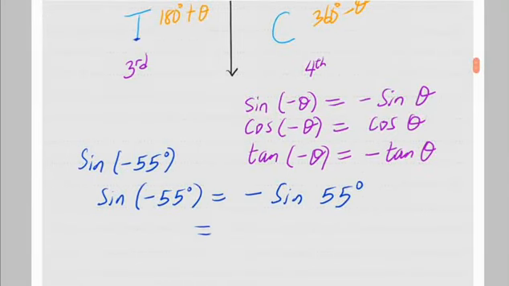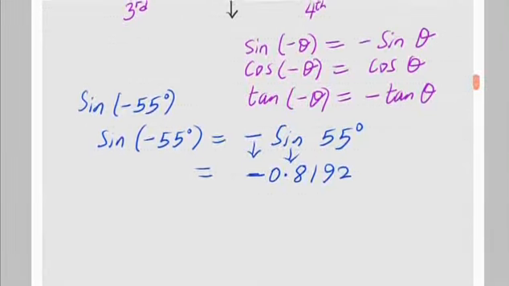So you use your 4-figure table. What is sine 55 degrees? If you use your calculator or your 4-figure table to do sine 55 degrees, you are going to get 0.8192 in 4 decimal places, and you put the minus in front of it.